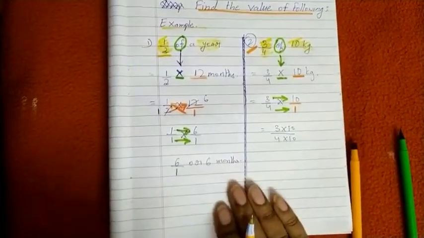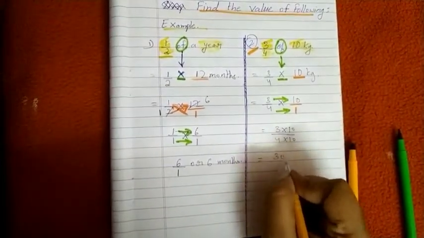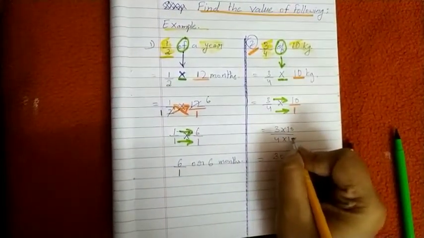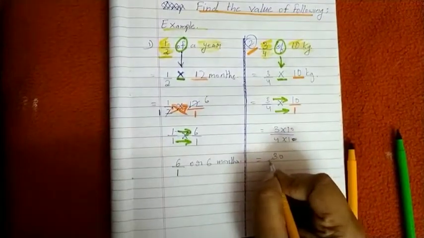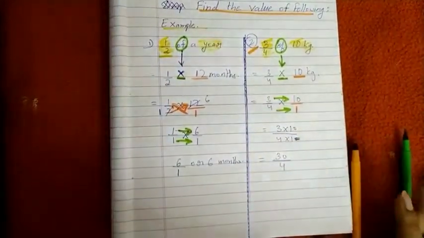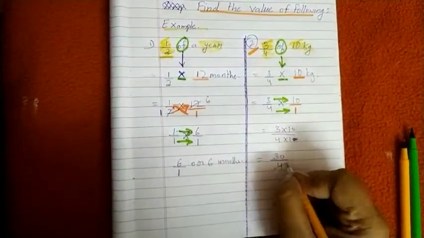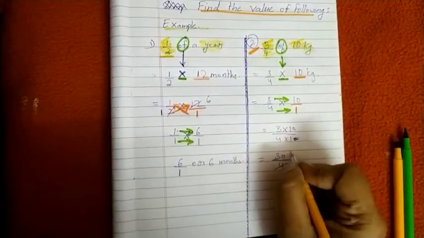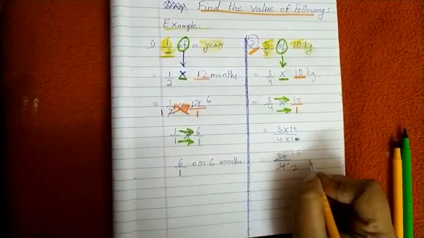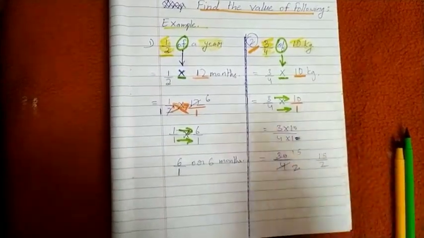Okay children, now see here. 3 times 10 is 30. 4 times 1 is 4. Is it in simplest form? No. Just make it simplest. It will go by 2. It will go by 15. Yes children, so 15 upon 2.